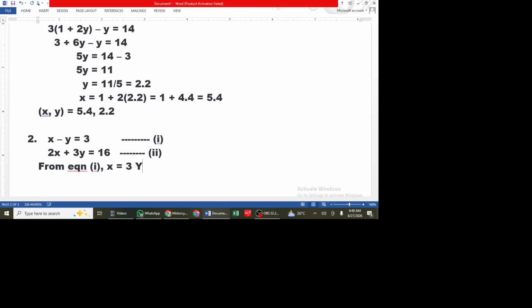Then you plug in this in equation 2. Not the same equation, you use it in another equation. Put s is equal to 3 plus y in the second equation, and that will be 2 into bracket 3 plus y, then plus 3y is equal to 16.